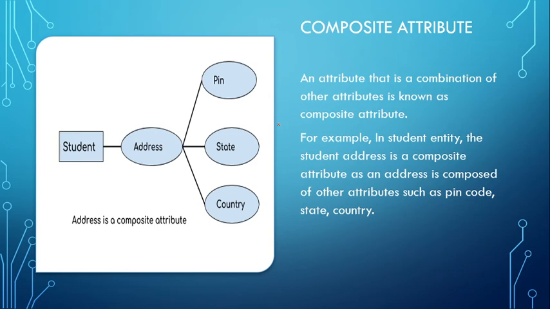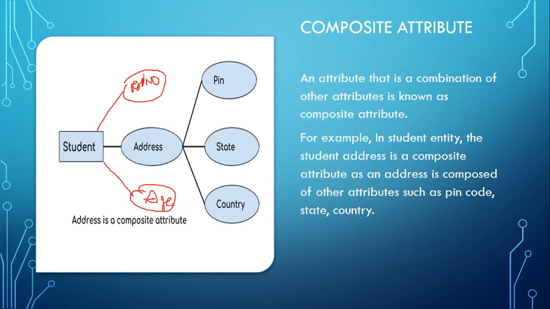This composite attribute, the attribute that is a combination of other attributes, is known as a composite attribute. For example, earlier we have seen for a student: roll number, pin number, age. Here we have key attribute roll number, and also age and address.